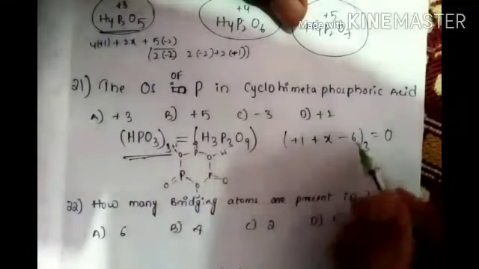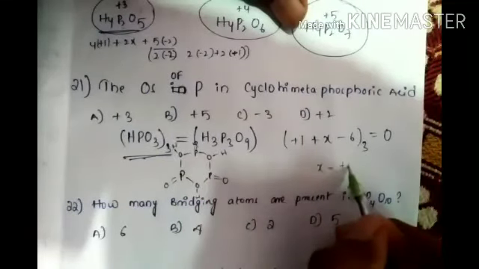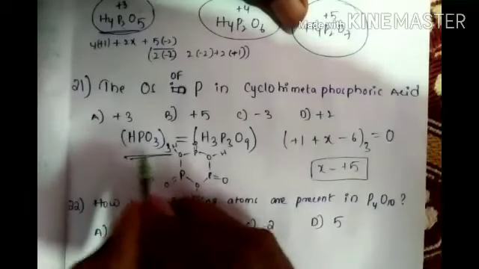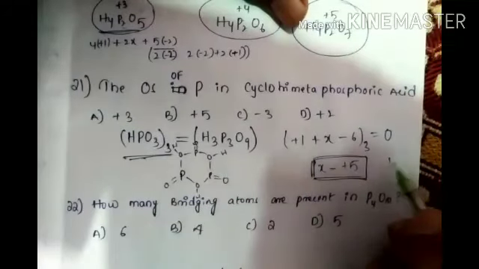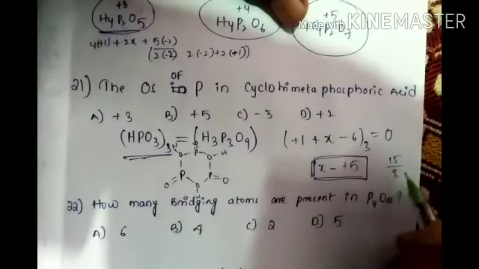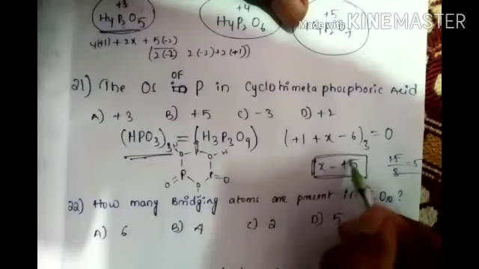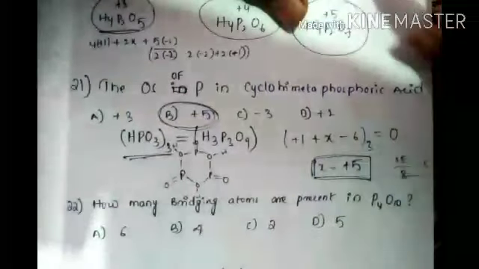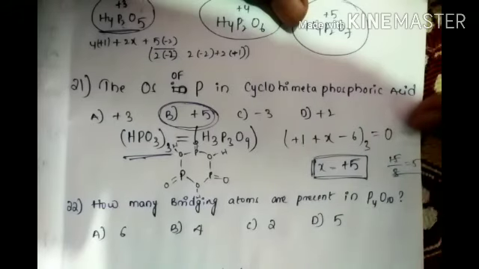If it goes this side, X equals plus 5. For one phosphorus we have to take, it is plus 5. Each phosphorus is plus 5. Totally 15 comes, divided by 3, 5 comes, right? So plus 5. One day I gave homework. In that homework this structure is there, with the oxidation state also. Do it.